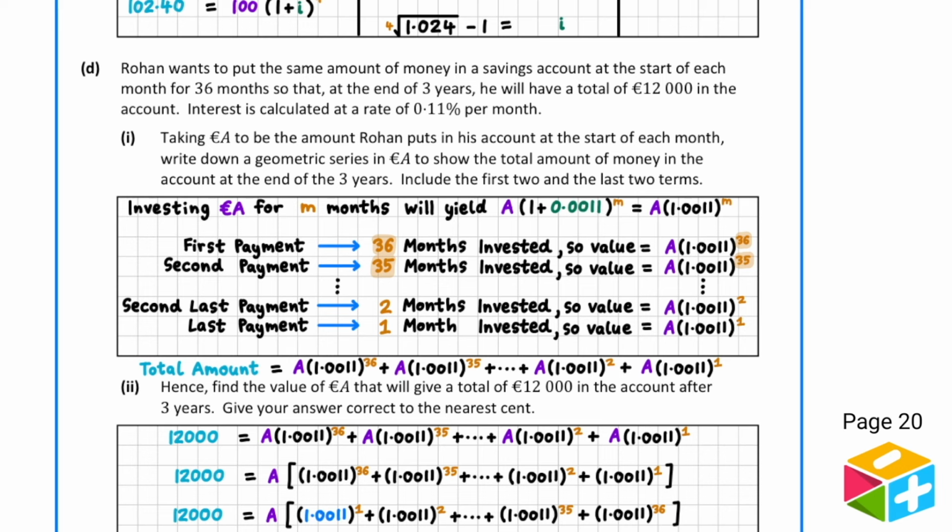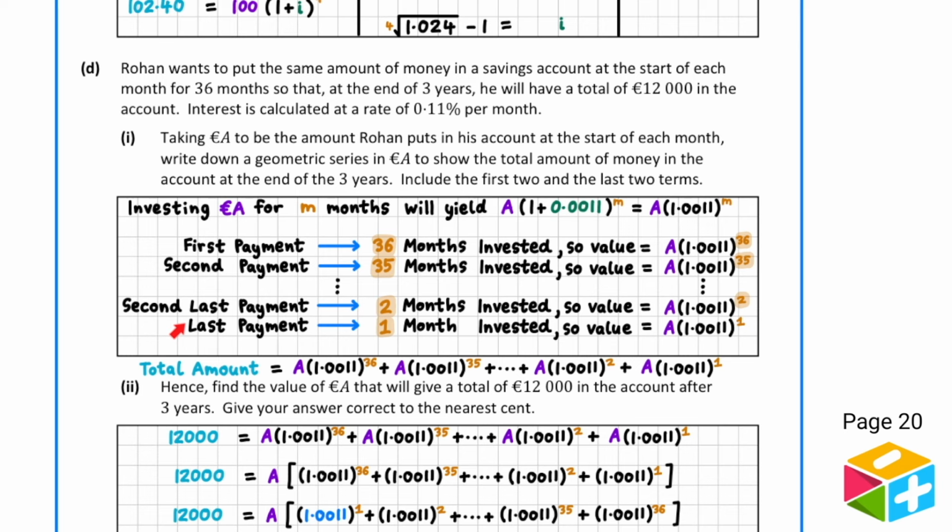If we continue this pattern all the way down, the second last payment that is made will only be invested for 2 months. The value here will be A times 1.0011 to the power of 2. The last payment is made at the beginning of the final month, so it's only invested for 1 month.